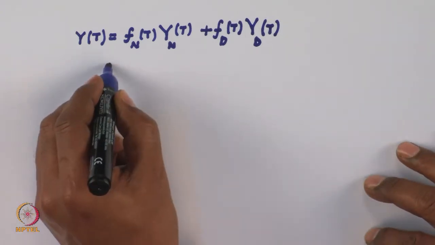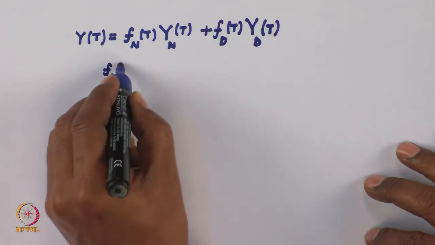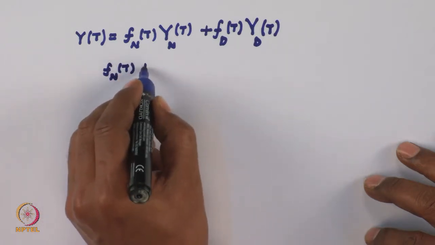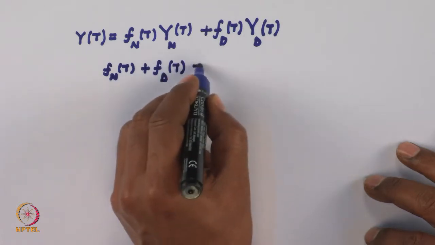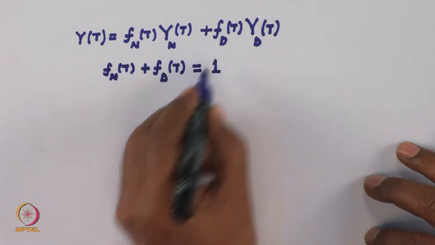We know that Fn plus Fd, all the fractions when you add, has to come out to 1.